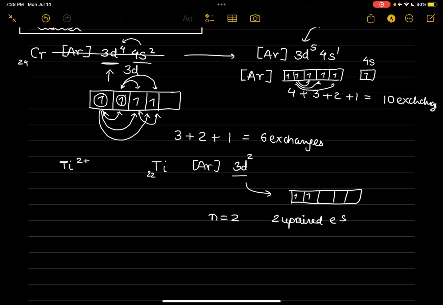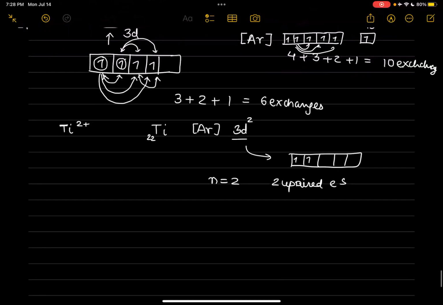n is the number of unpaired electrons. And each electron rotates clockwise or anticlockwise, and that's why you put the spin up or down to represent their spins. They behave like a magnet. So it will have a magnetic behavior, it will get attracted by the magnetic field, it is paramagnetic.